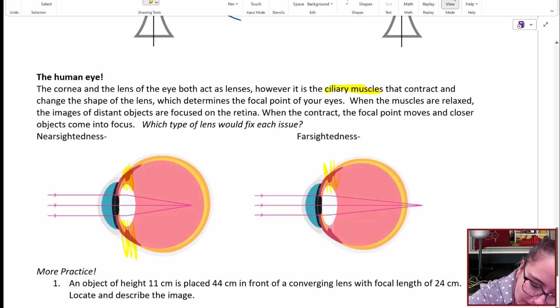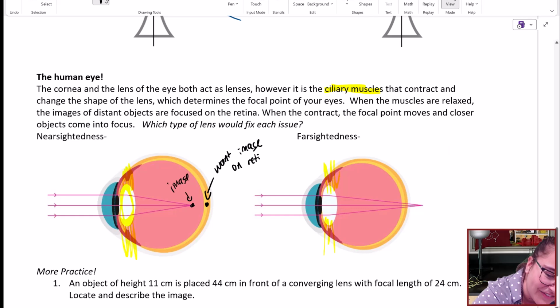You can see that muscle fiber. They contract and they change the shape of this lens, which determines where the image appears. Now, we want the image on the back of our eye, on our retina.